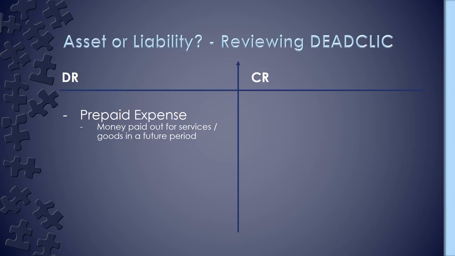So the prepaid expense account holds that money that you've paid out, so it doesn't sit in the rent account, because we don't want to increase our rent costs for December by that payment when it relates to January to March. So our prepaid expense account is going to increase. And the reason that it increases and we put it as a debit is because a prepaid expense account is an asset. Okay, so that money has been paid out, but because it relates to a future period, it is still an asset to us.